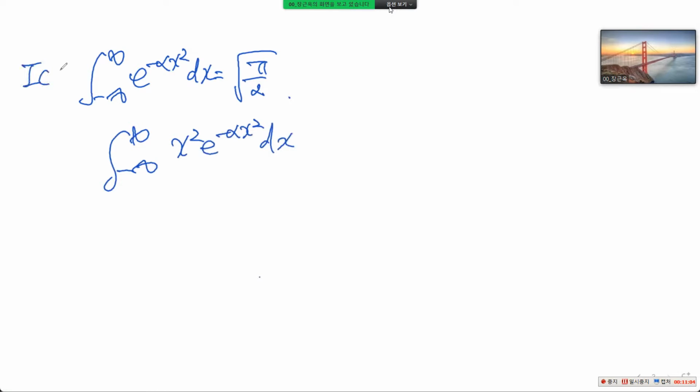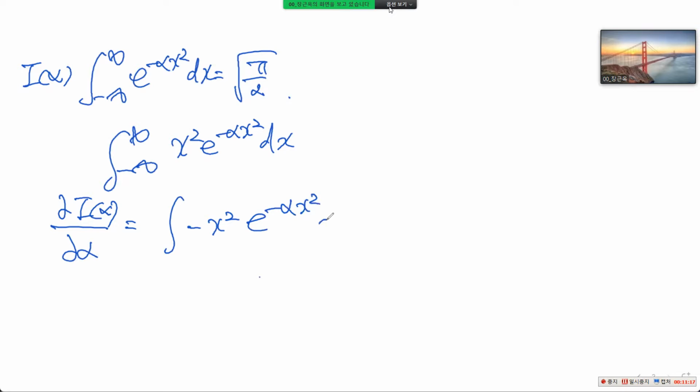Since we say it is I alpha, we take the derivative with respect to alpha, then it gives minus x squared e to the minus alpha x squared dx from negative infinity to infinity, right?